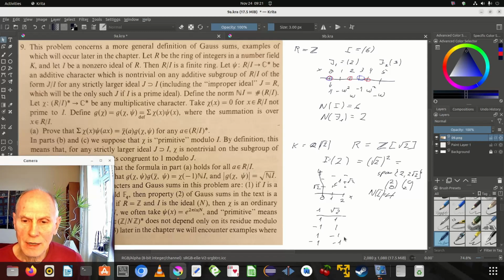So I believe this guy is non-trivial, whereas these two are trivial. On the other hand, oh yes, I don't like that 2 in the ideal maps to different, but that happened up here as well, that 2 and 4 lying in the ideal map to different guys. All right.